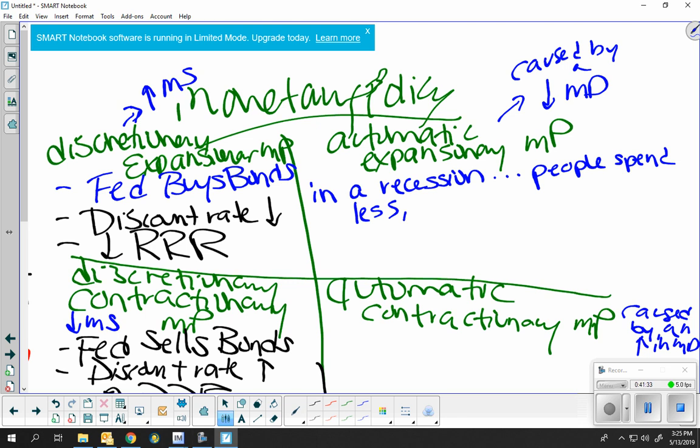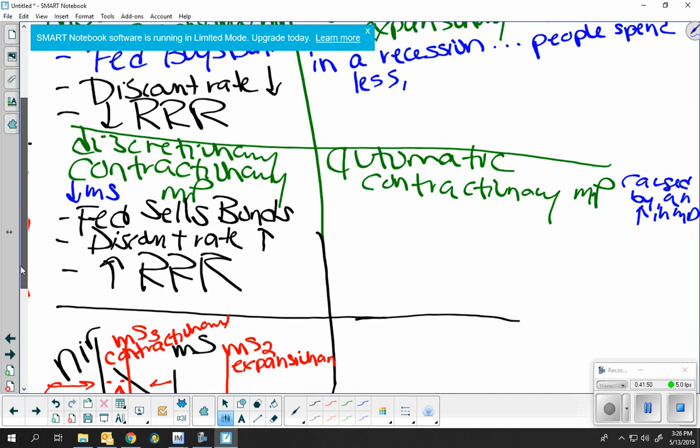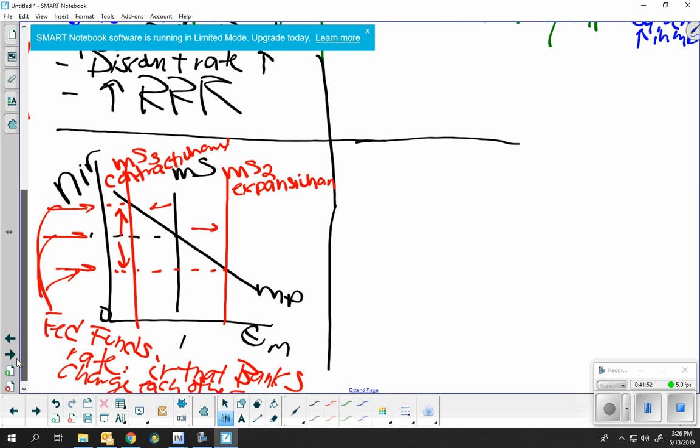Demand for money is people spending, so are they reaching for their wallet more or less? Do they have more or less demand for money? Less.